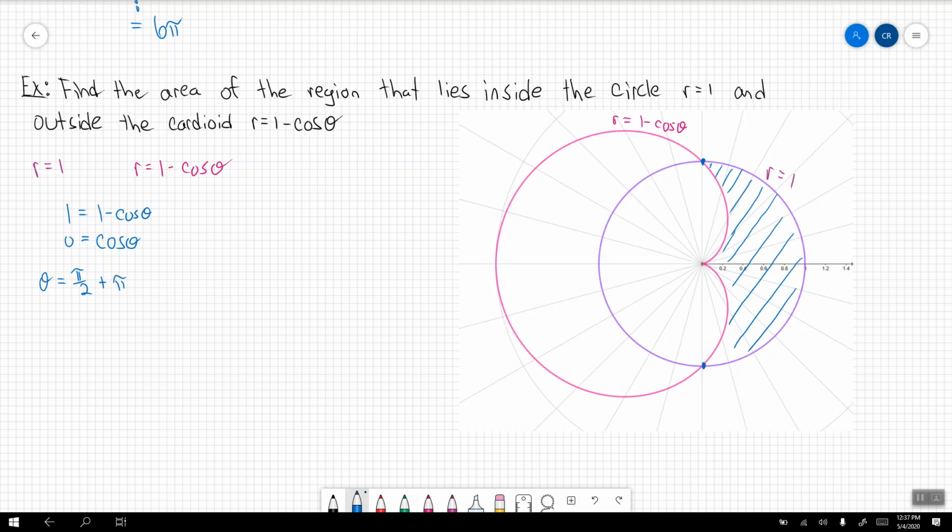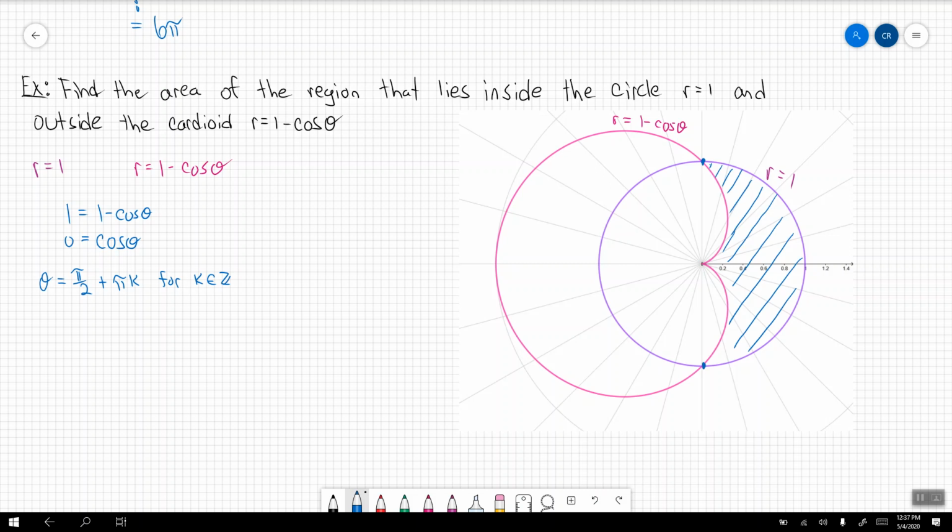We're going to be adding pi k every single time in order to find those intersections, for k being an integer.